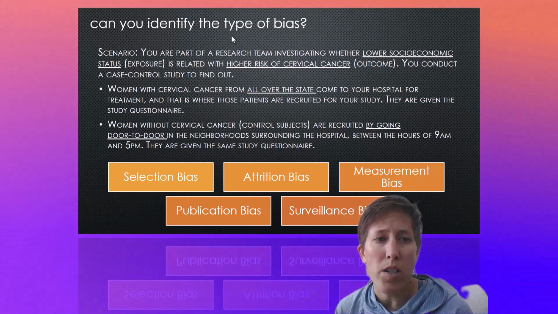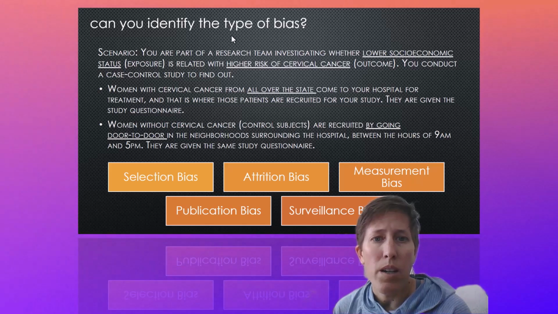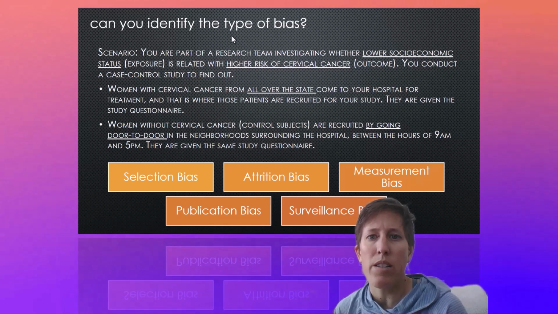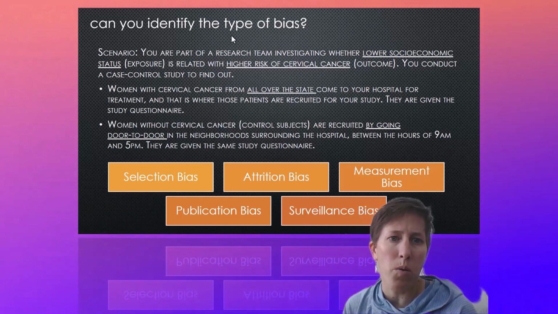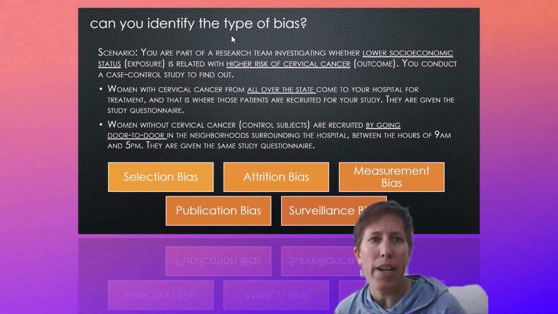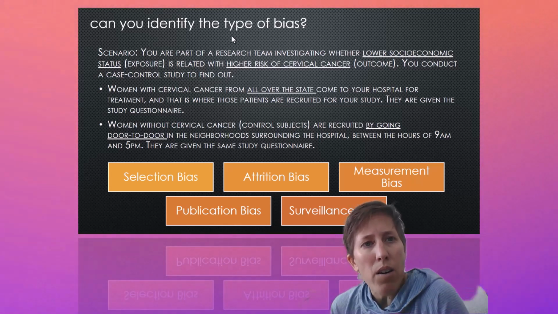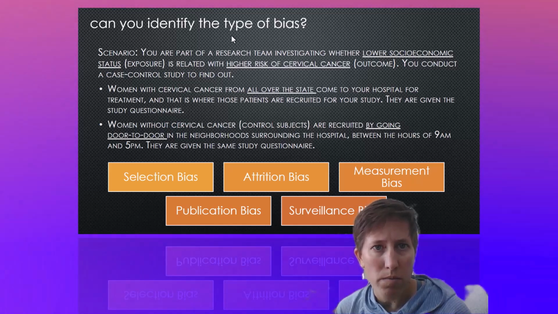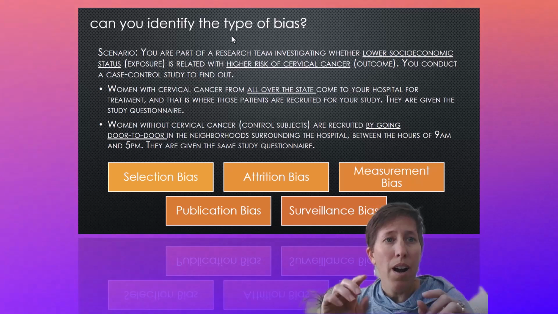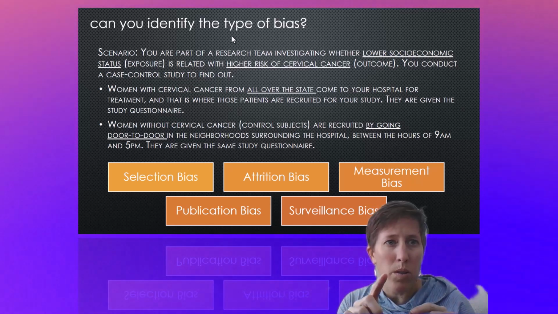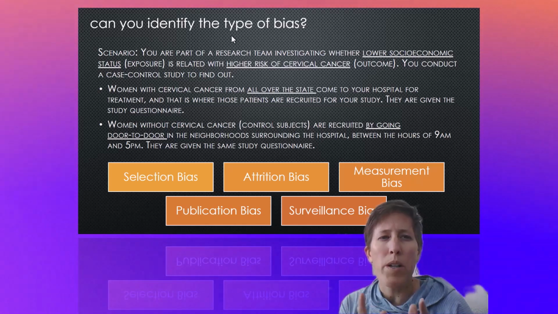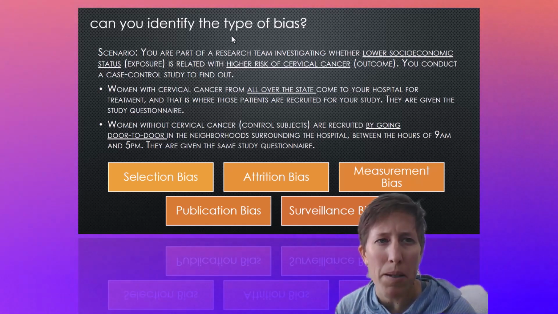They're given the study questionnaire. Your control subjects, women without cervical cancer, are recruited by going door to door in the neighborhoods surrounding the hospital between the hours of 9 a.m. and 5 p.m. They are given the same study questionnaire. Are there any problems that pop into your head as you look at the 2 subject groups? Which bias do you believe this might be?